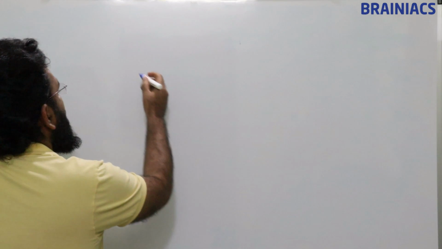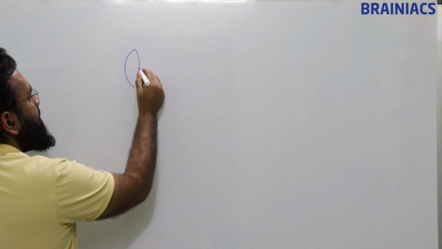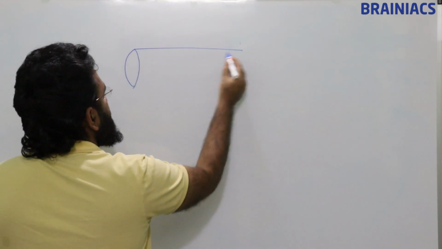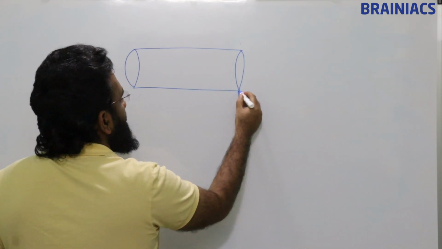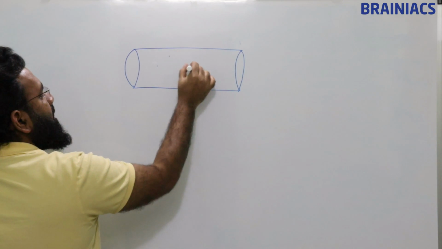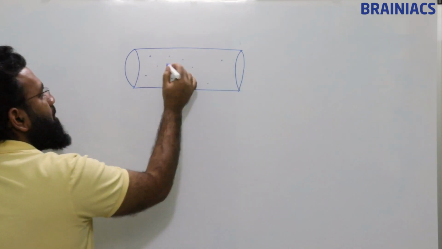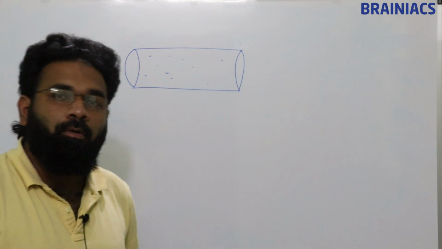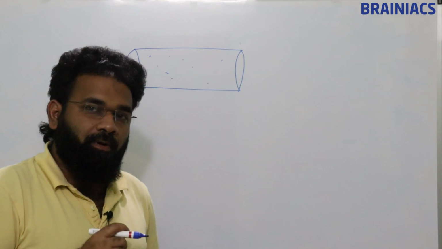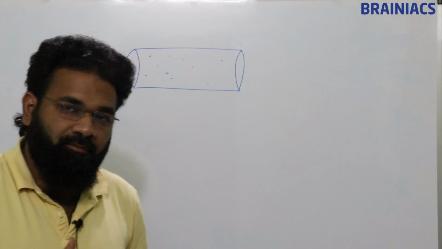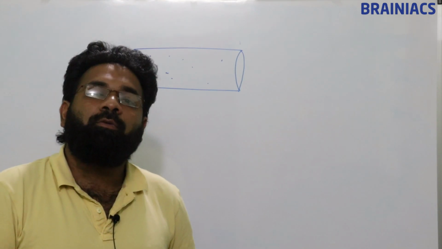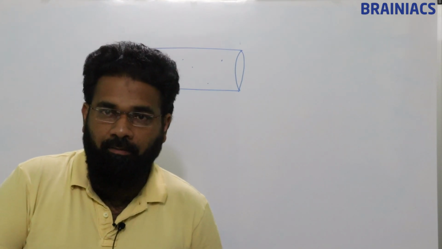Say, consider a conductor. This conductor, or any conductor, contains lots of free electrons. You might have studied the classification of conductor, insulator and semiconductor.